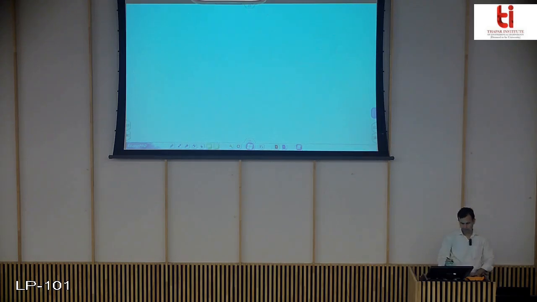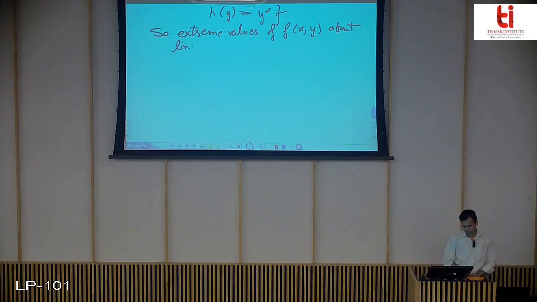So you get h(y) equal to y square. That is, again on this line the surface now appears like a curve y square. So here we have to find the extreme values of f(x, y) about line OB, since y lies between 0 and 2.